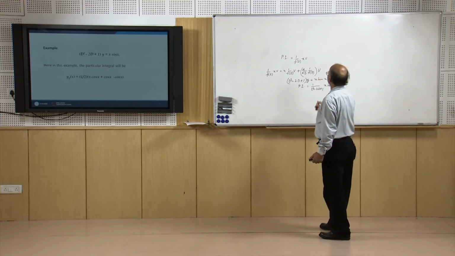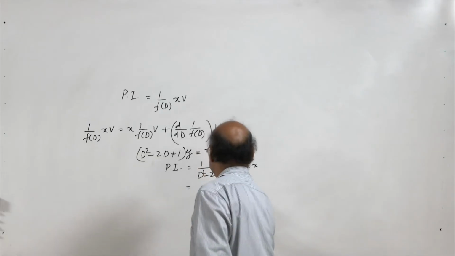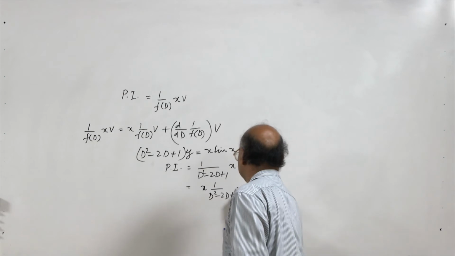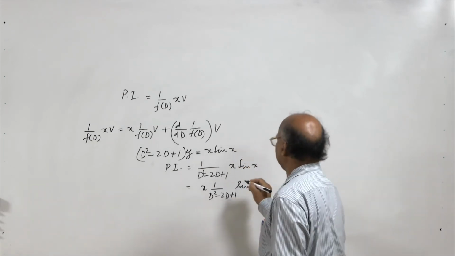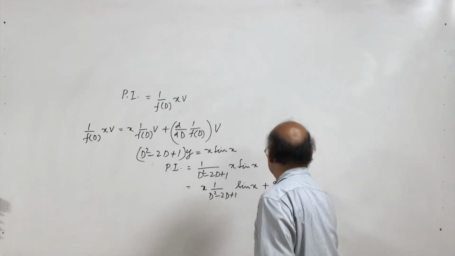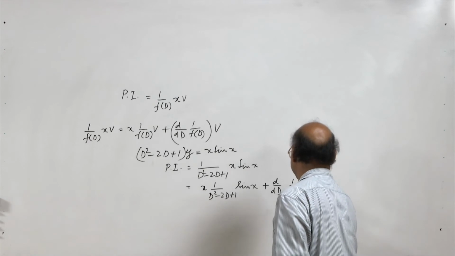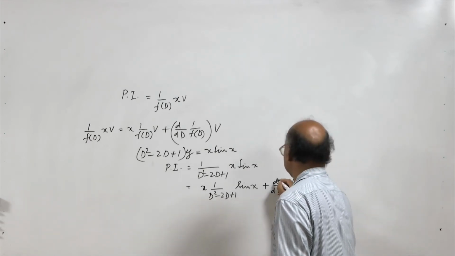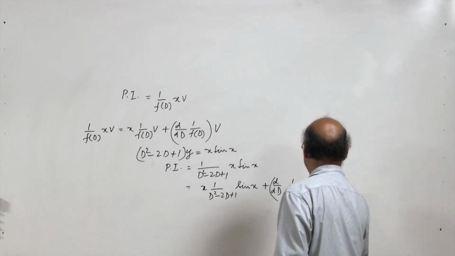d over dD of 1 over f(D) V, we can write this as x times 1 over D square minus 2D plus 1 sin x, then d over dD of 1 over D square minus 2D plus 1 sin x.